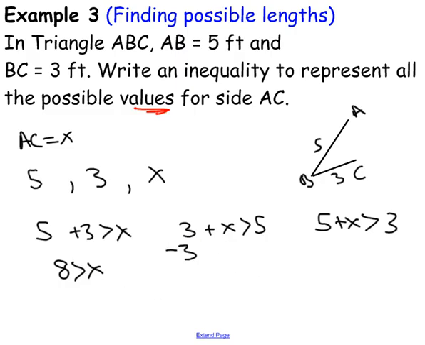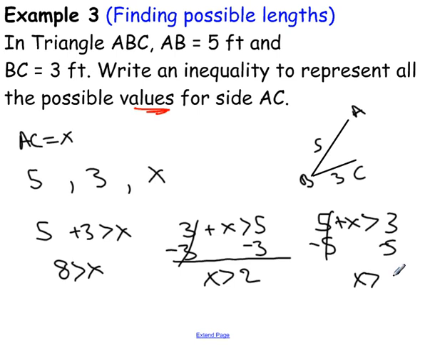And then I'm going to subtract 3 here on both sides. I'm just following the steps for solving an inequality. I get X is greater than 2. So far I know that X has to be greater than 2, but X has to be less than 8. Now you're going to solve the last one here, and it's going to give you X has to be greater than -2.